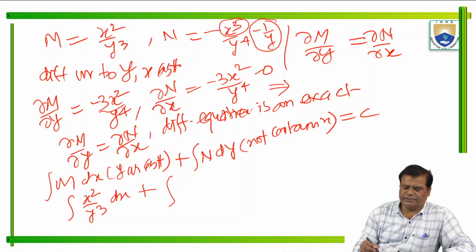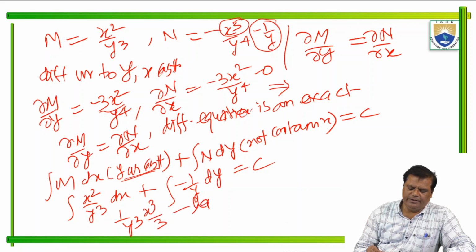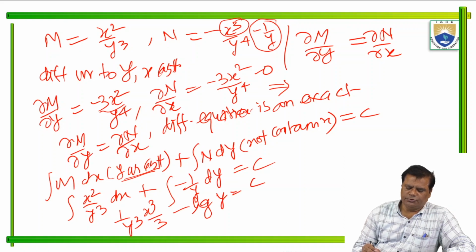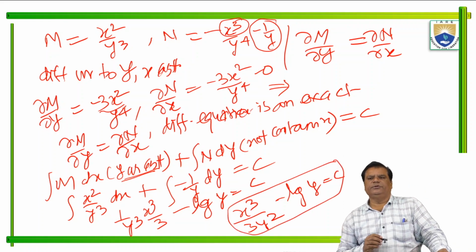This term contains x. So here minus 1 upon y dy equal to c. Y is a constant here. So 1 upon y cube integrating x square, x cube by 3, and minus log y equal to c. So here answer is x cube upon 3y cube minus log y equal to c. So this is the solution of the question.